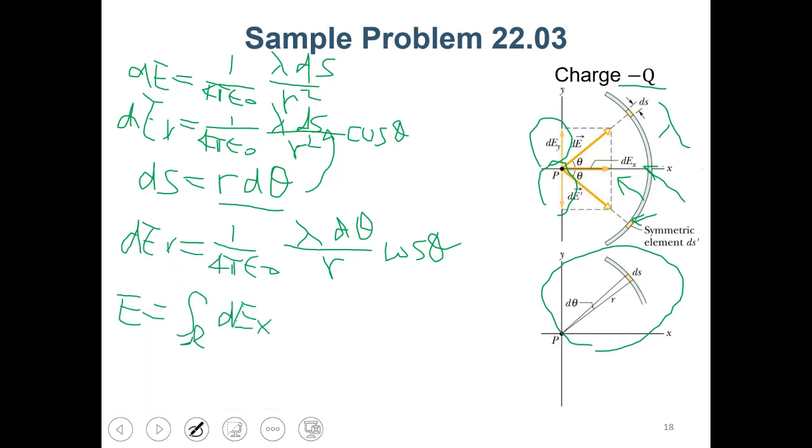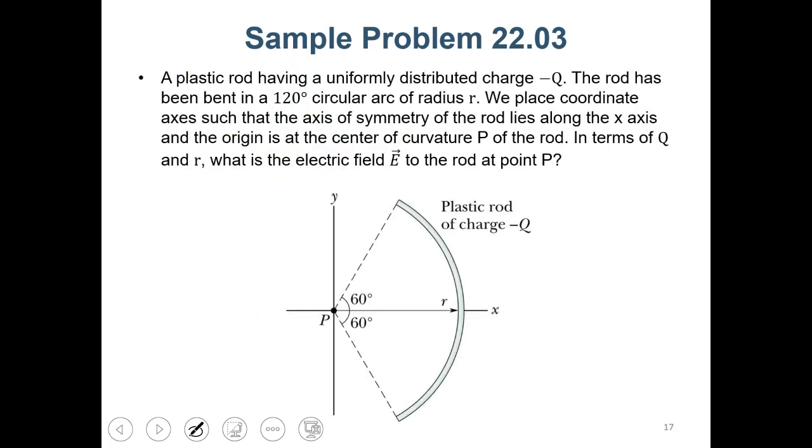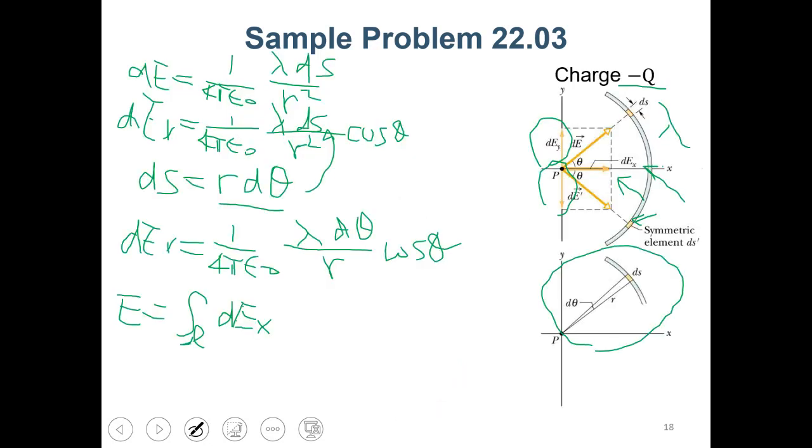Actually, this is 60 degrees, which means that the angle is from minus pi over 3 to pi over 3.